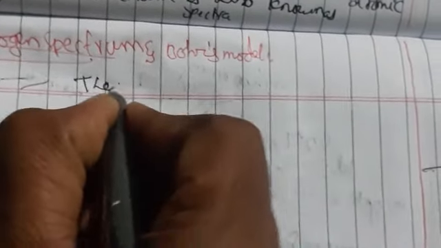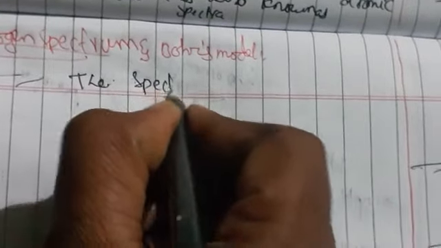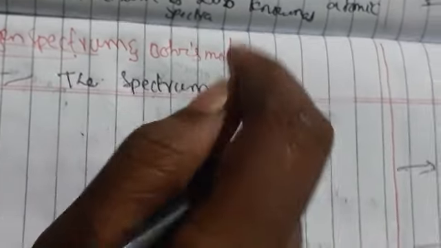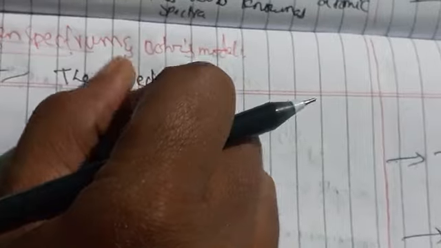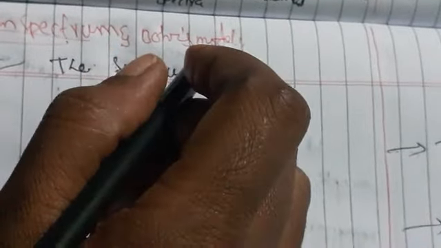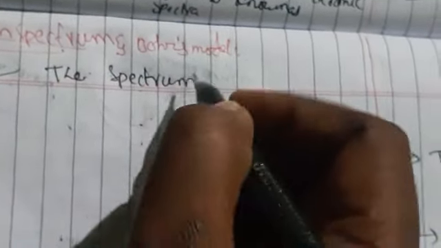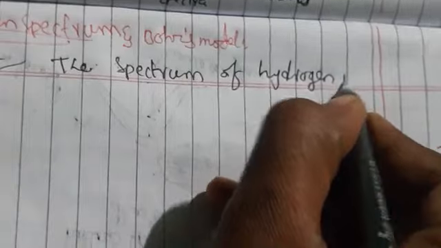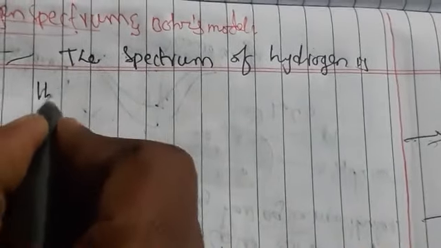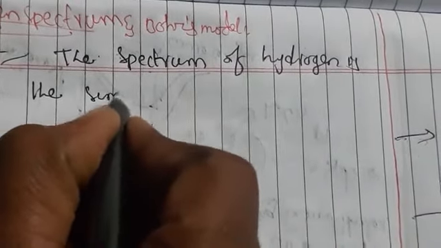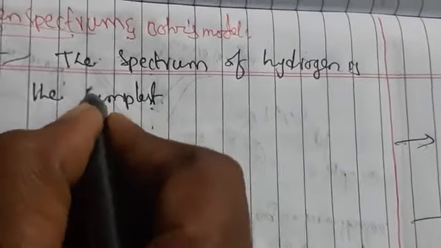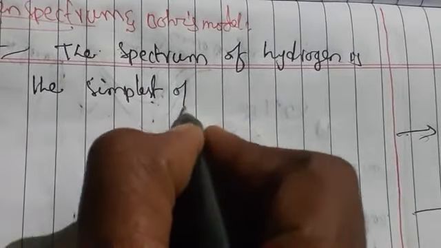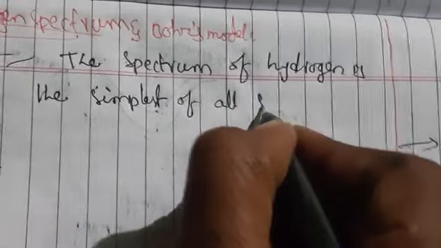So here, whatever spectrum we are taking, what do you mean by spectrum? Which can make the light visible, yes or no? Here the spectrum of hydrogen is the simplest of all spectra.